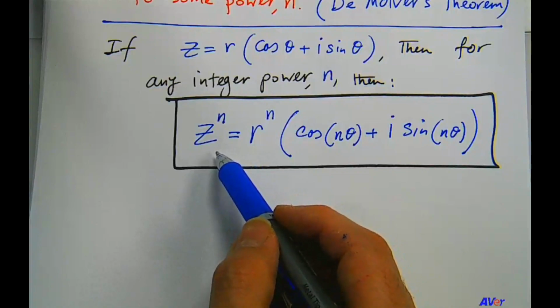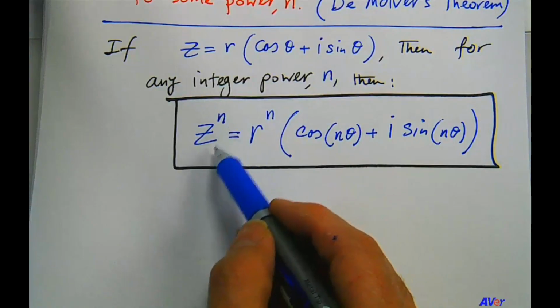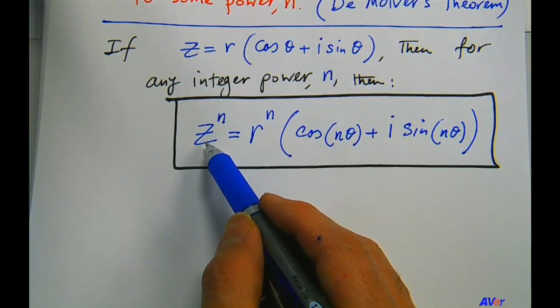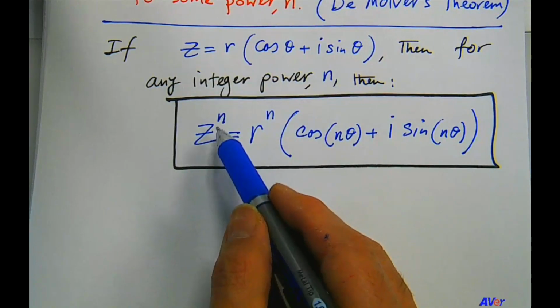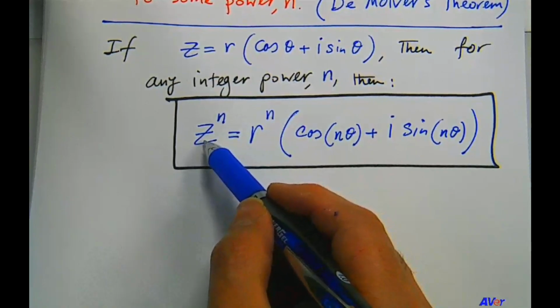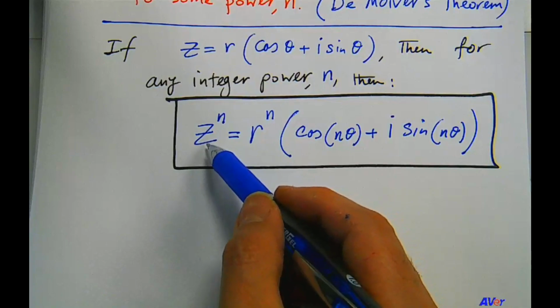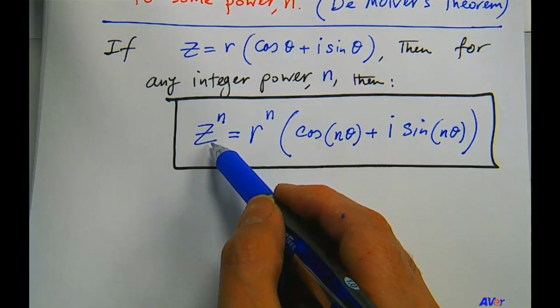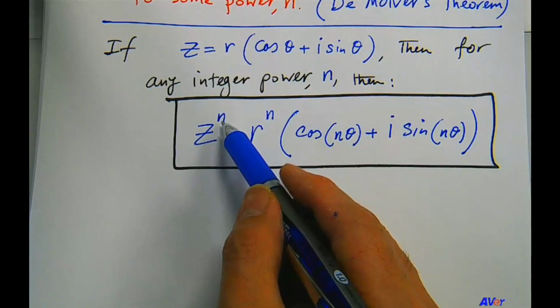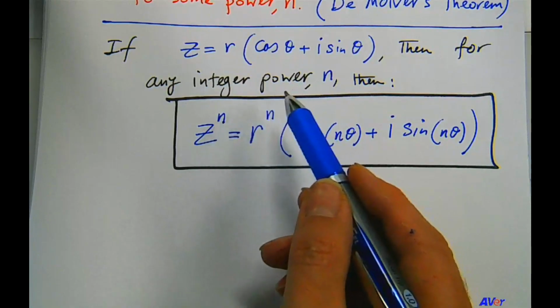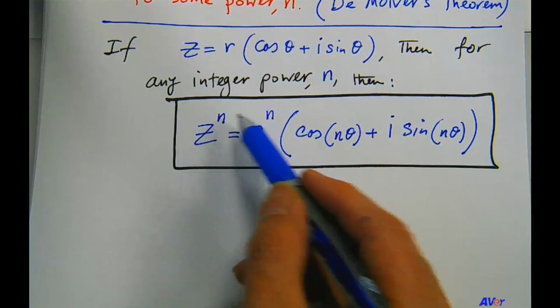That's important if we ever want to multiply a polar complex number by its inverse, but also because the inverse of this polar complex number will have an integer power equal to -1. So in that case, n would be -1.